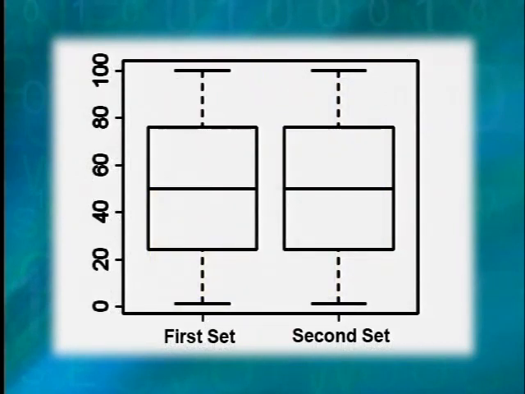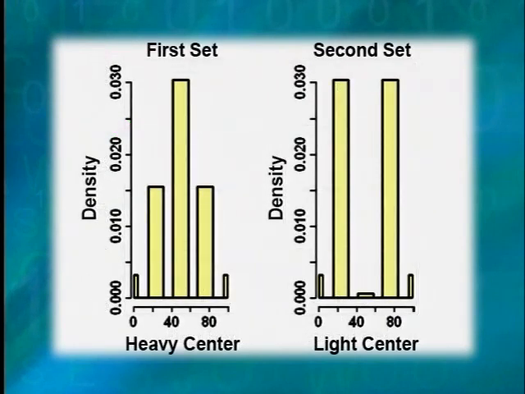The box plots we get are identical in those two cases, because the box plot is just telling us where the minimum value is, where the maximum value is, what the median is, and where the first and third quartiles are. And we chose these data sets to have exactly the same maximum, minimum, and the quartiles in both cases lay at exactly the same places.